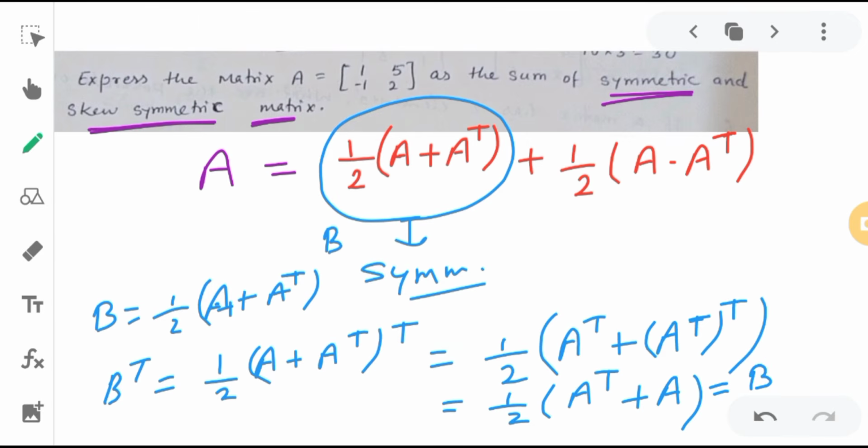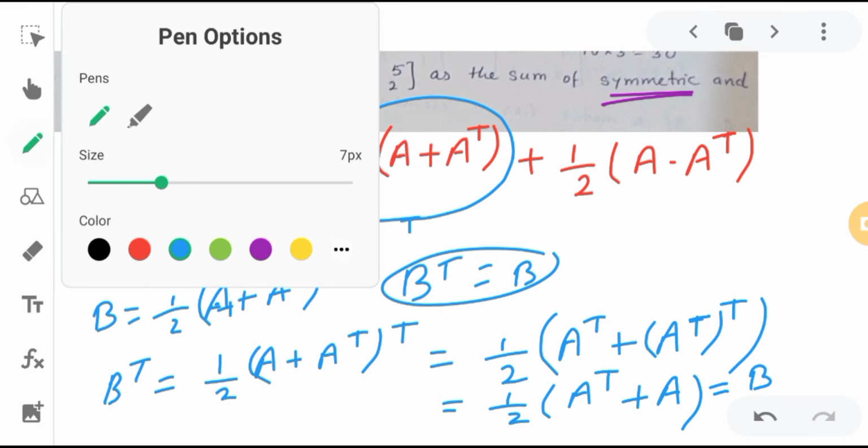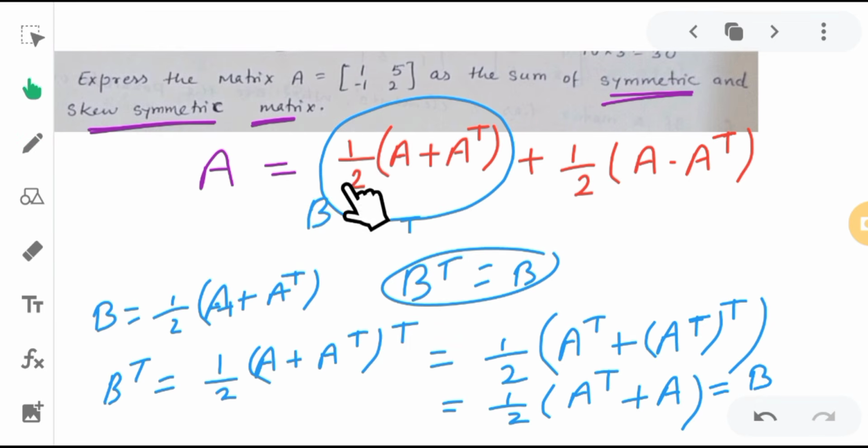When you see this, this was our B. B was half of A plus A transpose, and this is also half of A plus A transpose, since A transpose plus A is similar to A plus A transpose. So this is nothing but B. So what I got is B transpose equals B, and B was nothing but this. It means half of A plus A transpose is symmetric.